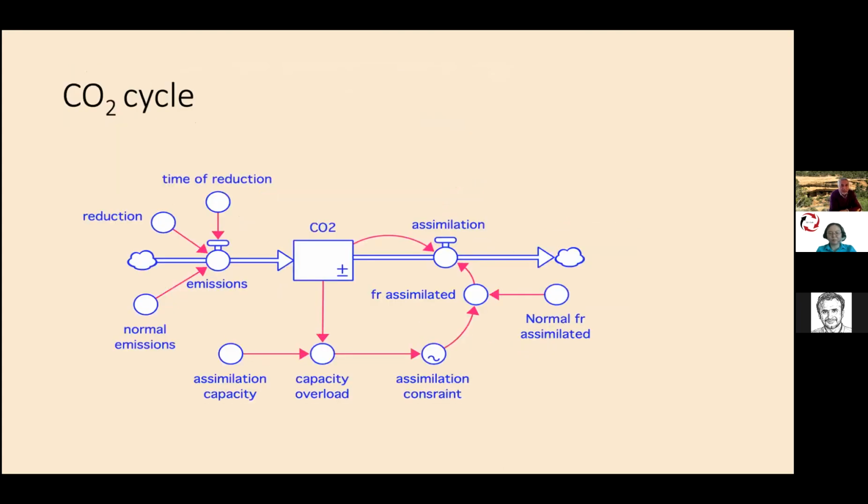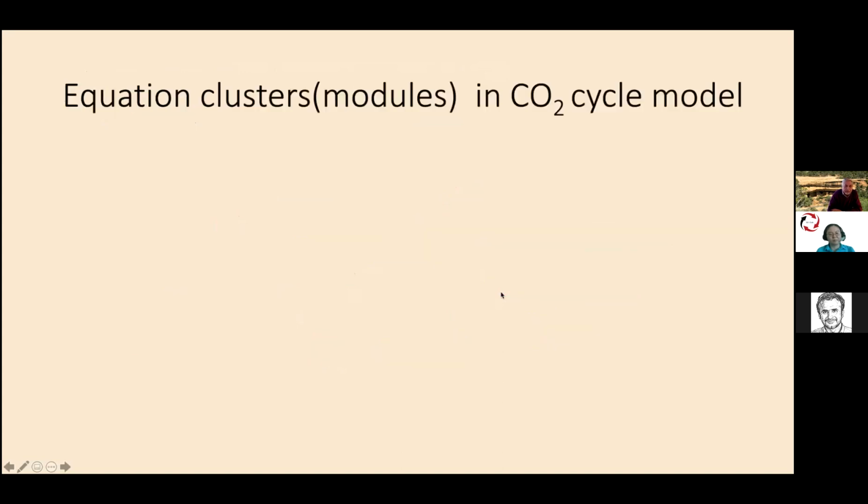Another example, a simple example again, the carbon dioxide cycle. The emissions go into this stock and they are assimilated. In the first instance, the assimilation rate depends on the stock itself, and then the fraction assimilated changes with the overload capacity. And again, we divide it into equation clusters. There is the emissions equation system.